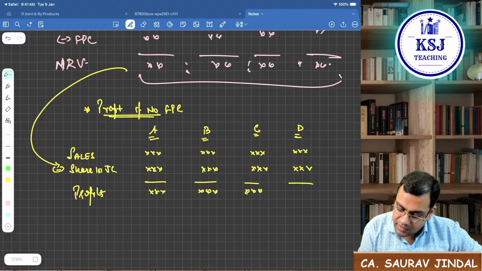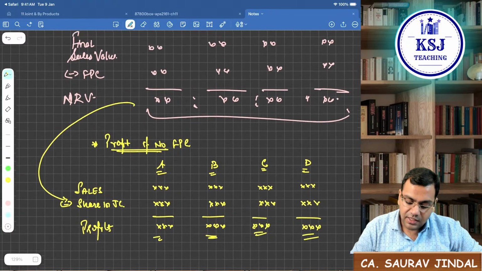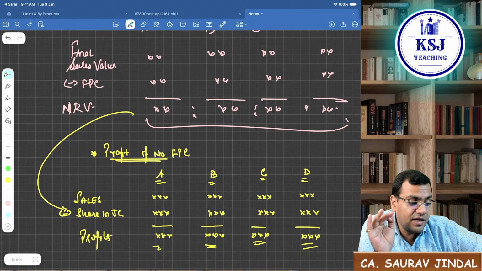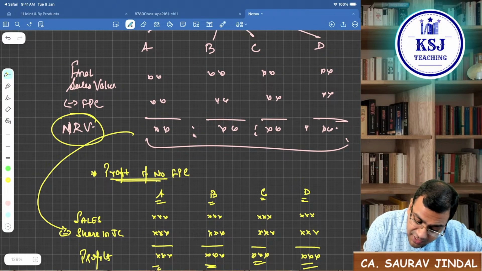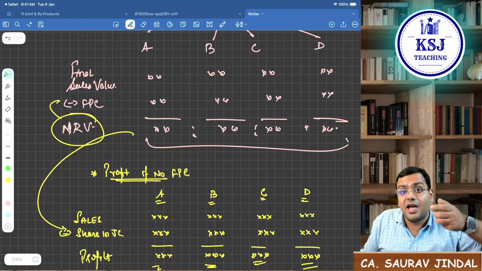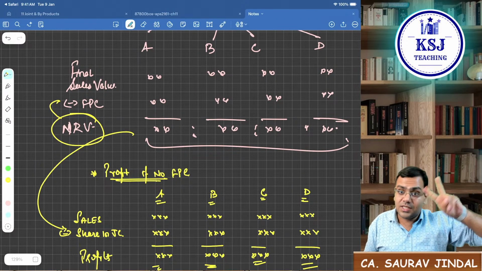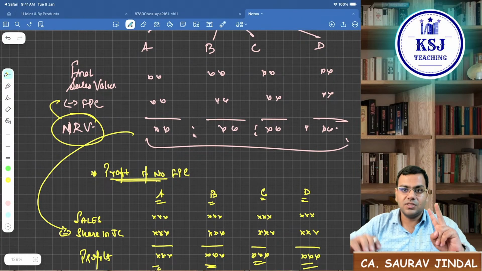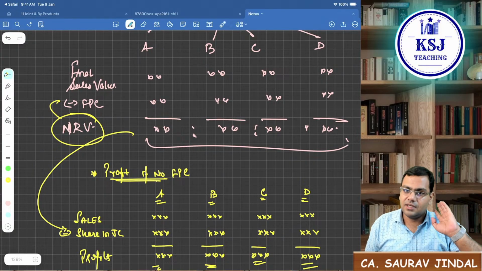Now, one doubt that normally comes is: sir, if you are required to calculate the profit when there is no FPC, then in this NRV we are taking the FPC, so should we again calculate the joint cost? No. These are 2 separate things. Joint cost is to be distributed on the basis of NRV, so there we take final sales value minus FPC.